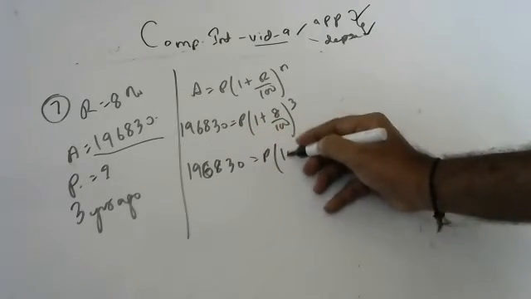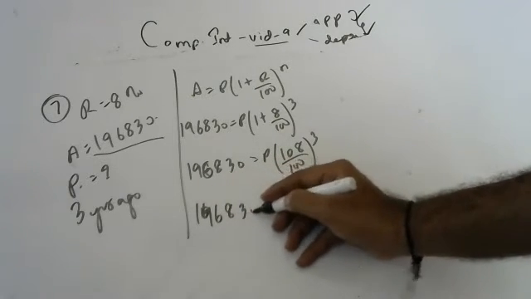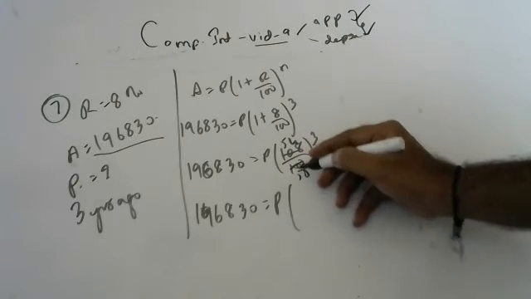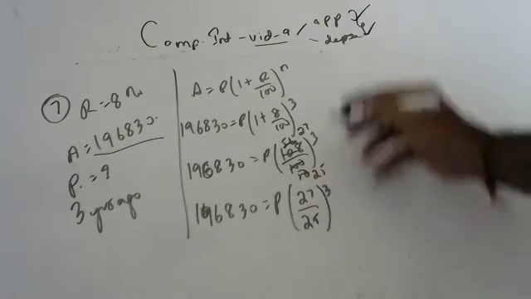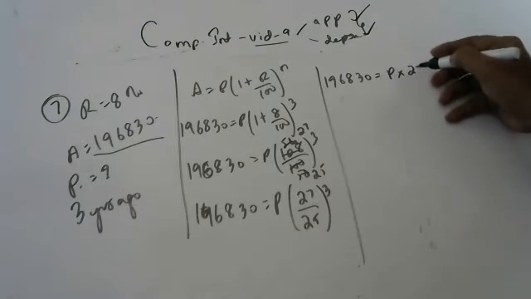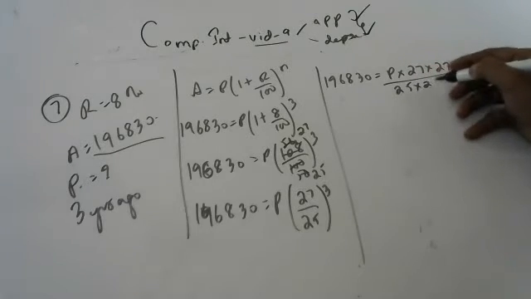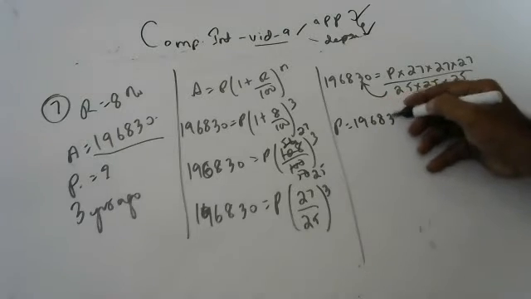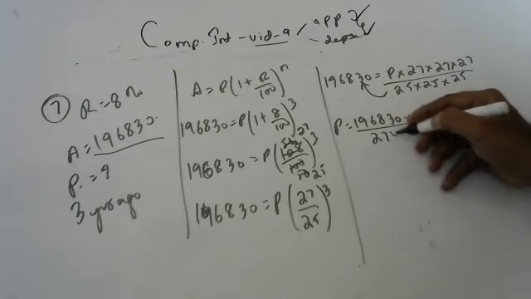196,830 is equal to P into 108 by 100 whole cube, which is P into 27 by 25 whole cube. 196,830 is equal to P into 27 into 27 into 27 divided by 25 into 25 into 25. So P is equal to 196,830 into 25 into 25 into 25 divided by 27 into 27 into 27.